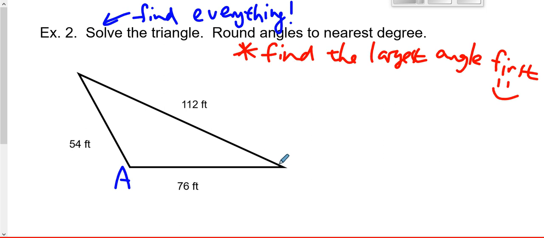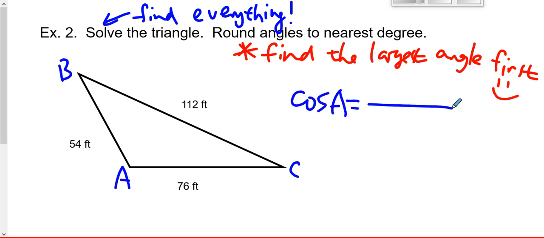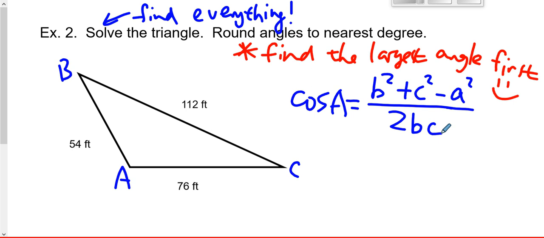Doesn't matter, angle B and angle C. So that means my small b is 76, my small c is 54. So cos A equals b squared plus c squared minus a squared over 2bc.